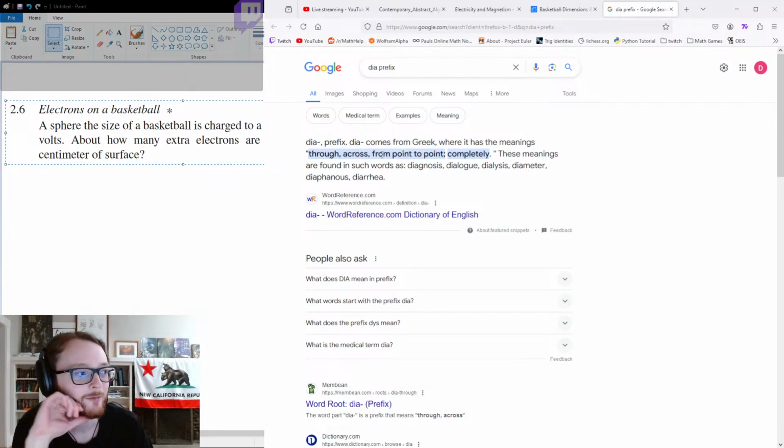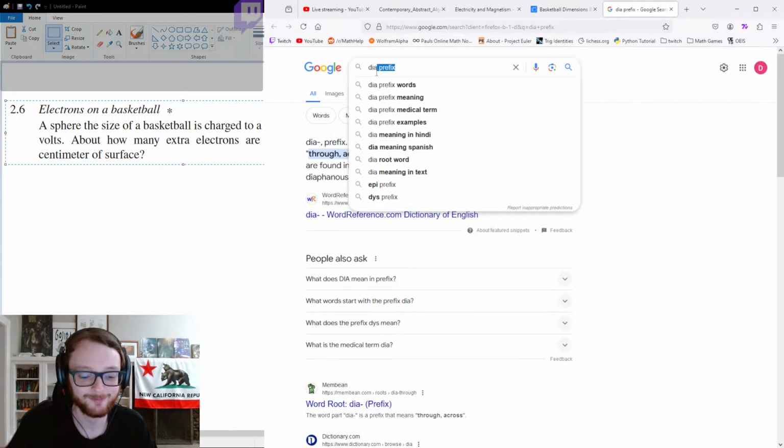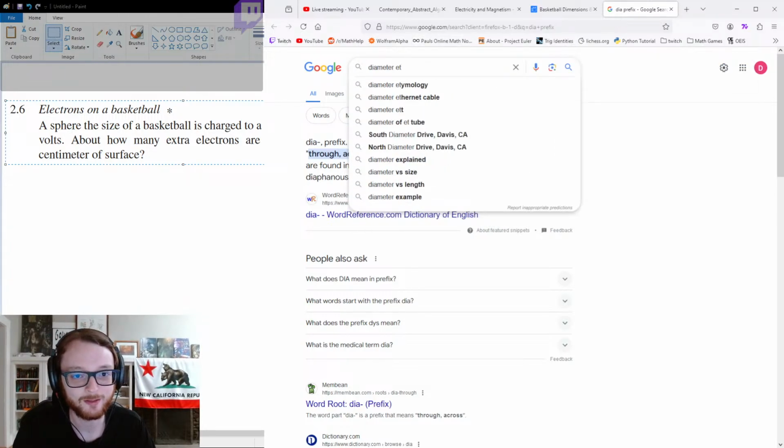So if you have a diameter, maybe meter is just like... I don't know why I'm thinking about this. But okay, why don't I just get told the answer?